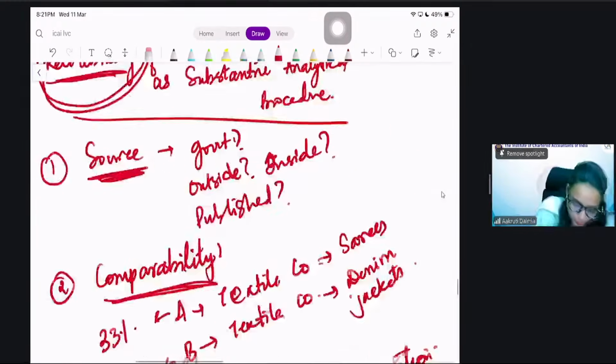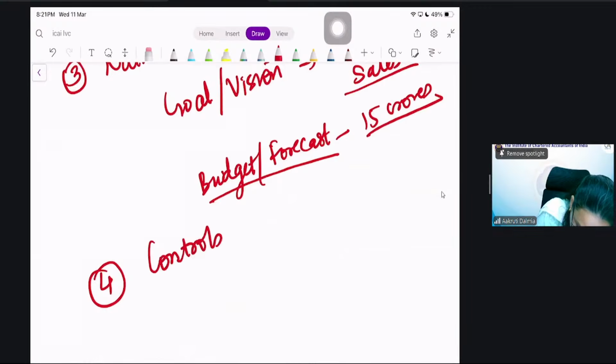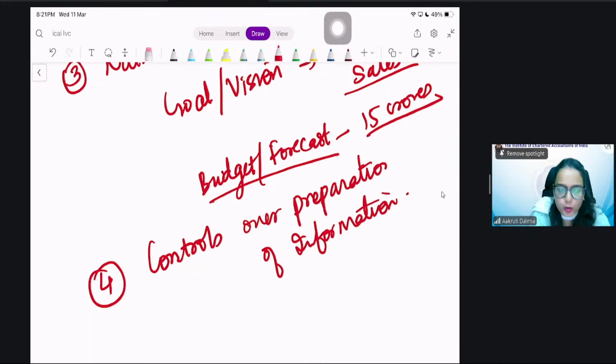Yes. So the fourth thing that affects the reliability is controls over preparation of information. If the controls are strong, the data will be more reliable.